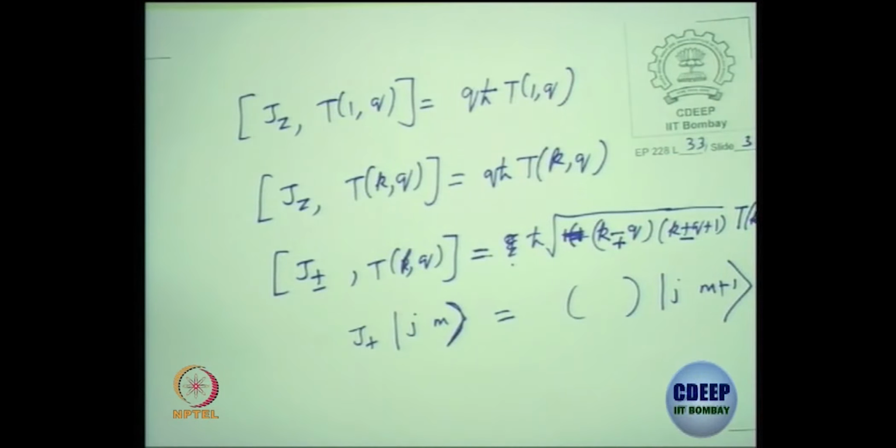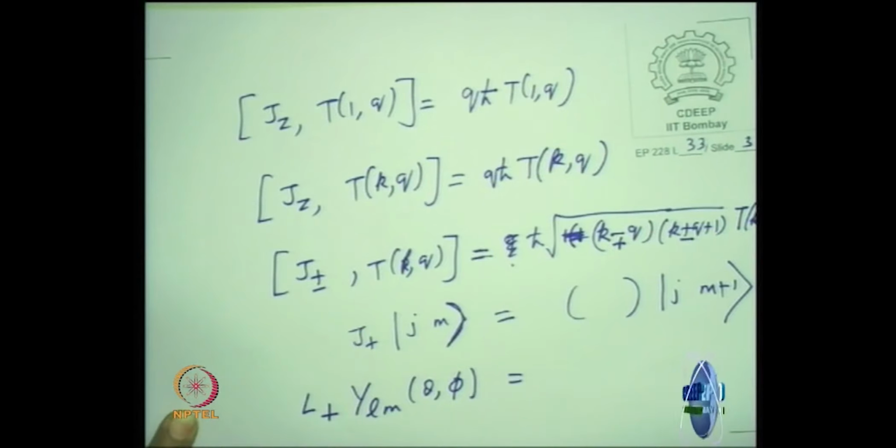Incidentally, you should go and check these things. Formally, you know the differential operator for L plus, right? You can write a differential operator for L plus, and you know what YLM of theta phi is.